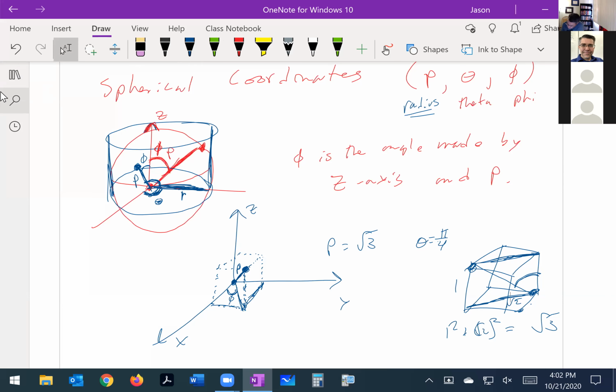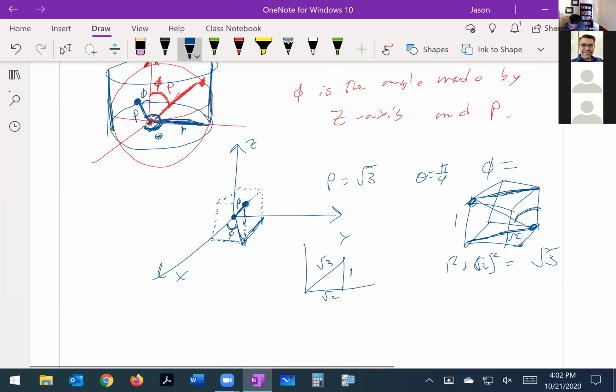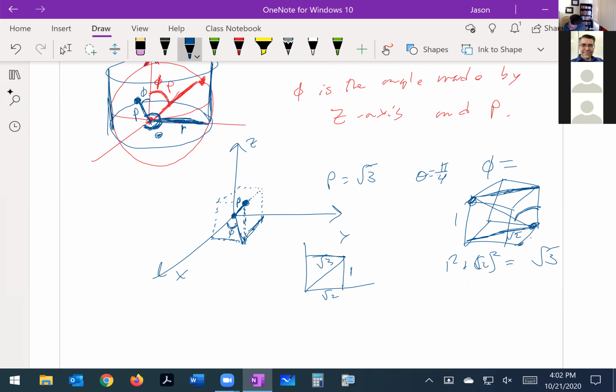Okay, so what would be phi in this case? Well, I have a 90-degree angle. I have radical 3. I have 1, and I have radical 2, right? So I could find out what this angle is. Okay, this one here.